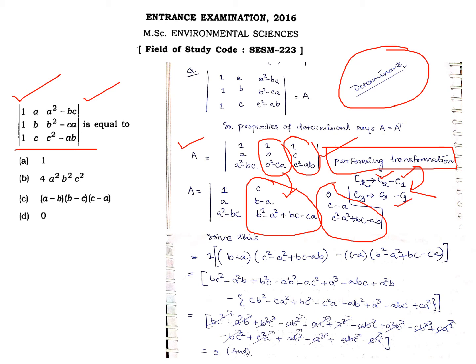These are the two transformations that we have performed here. Now we take common 1 and solve like we do in the matrix determinant multiplication. The final answer we will get is 0.